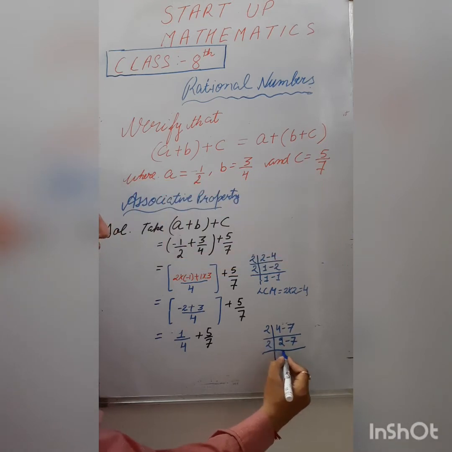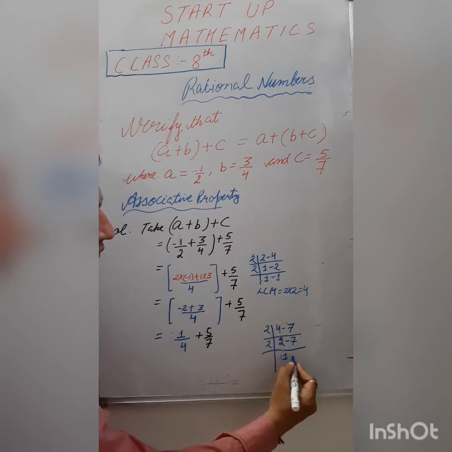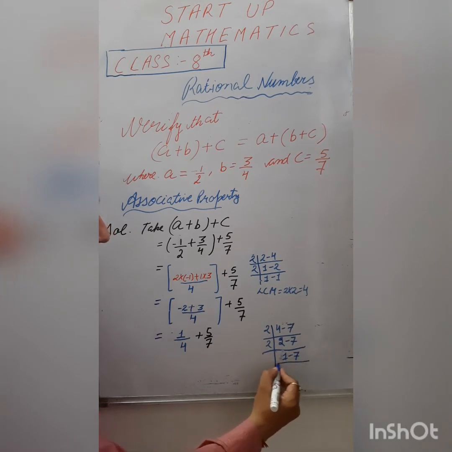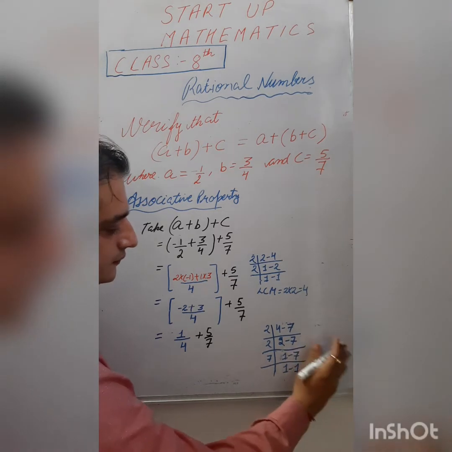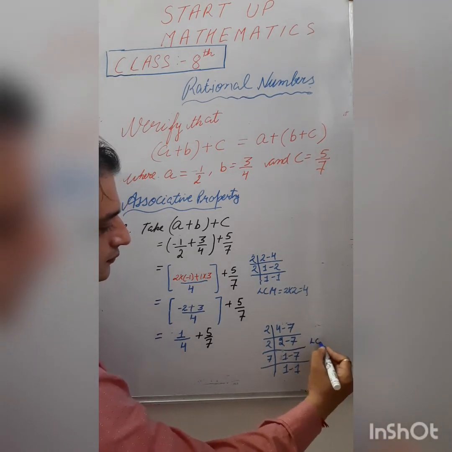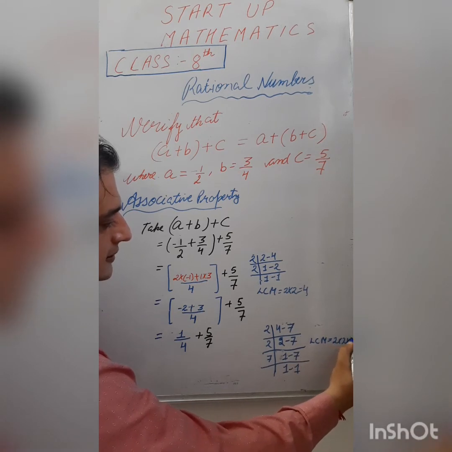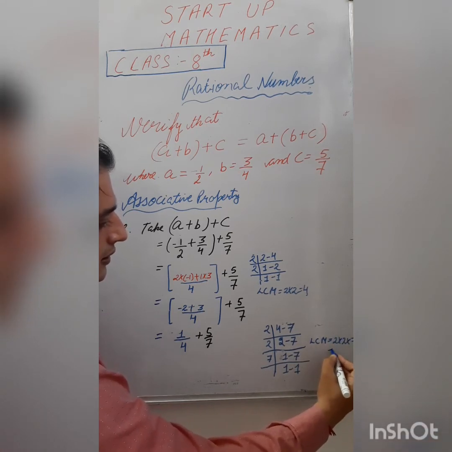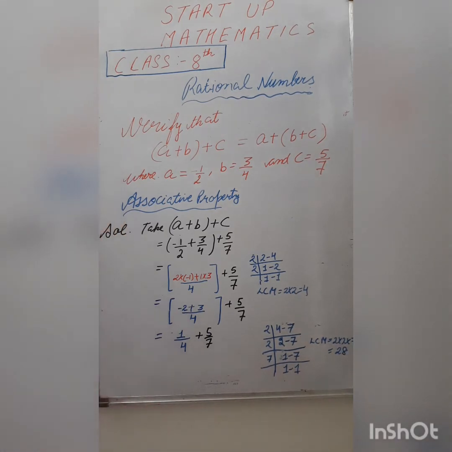Again 2: 2 ones are 2, 7 as it is. Now the next prime number 7: 7 ones are 7. So what is the LCM? 2 multiply 2 multiply 7. 2 2s are 4, 4 7s are 28. So 28 is the LCM.